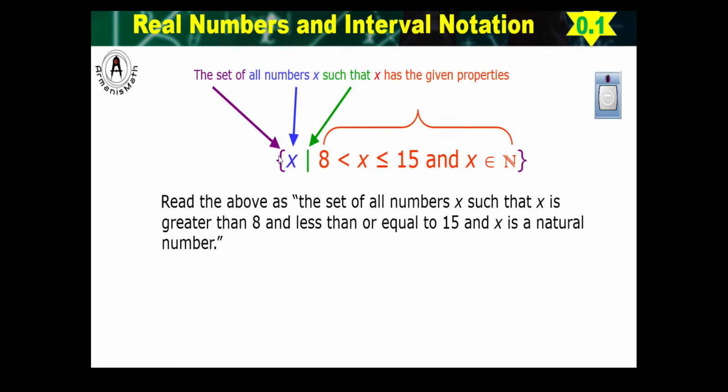So you always start with the curly bracket, one thing at a time. Curly bracket, and then you put the variable x, such that, that's the vertical line, and then you put the statement for the x.